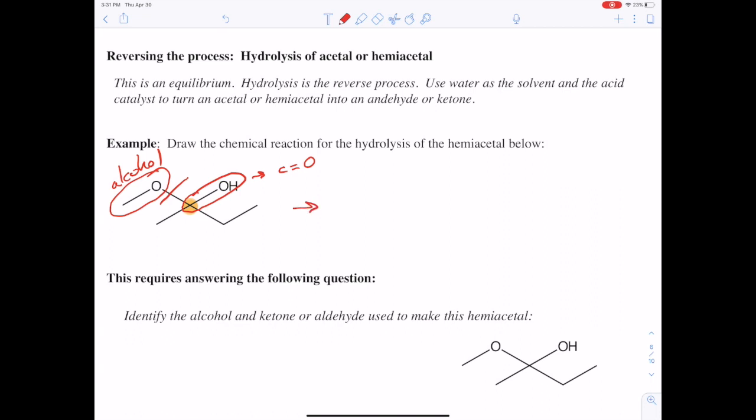So if you were to do hydrolysis of this, the long carbon chain, that oxygen reverts back to the carbonyl, and our alcohol is the carbon chain that's on the oxygen that's bonded to the hemiacetal carbon.